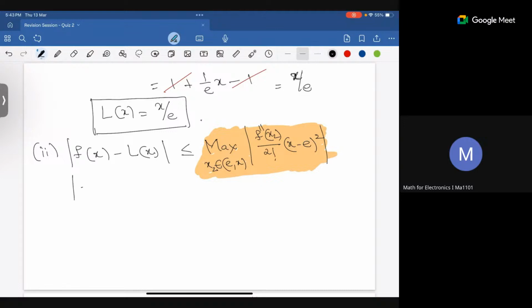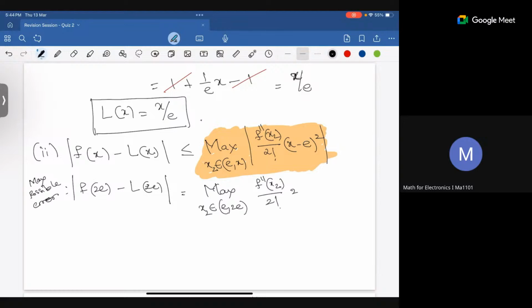So for f of 2e, the max possible error, f of 2e minus L of 2e, is the max of x2 in the interval e comma 2e. So now x is 2e. F double prime of x2 divided by 2 factorial times 2e minus e, whole square.